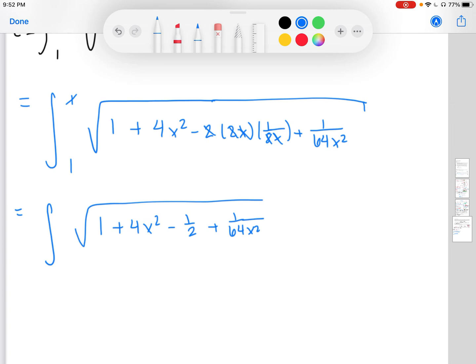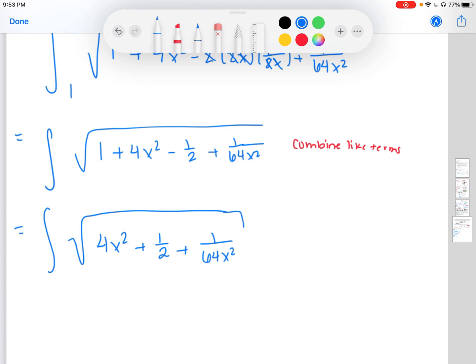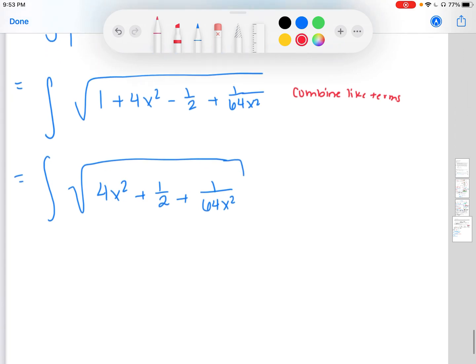Let's go ahead and combine like terms. So we have 4x squared plus 1/2 plus 1 over 64x squared. Now, we have to be careful.